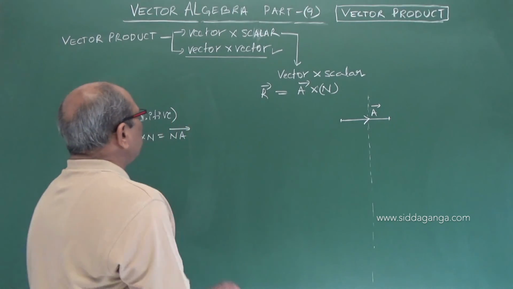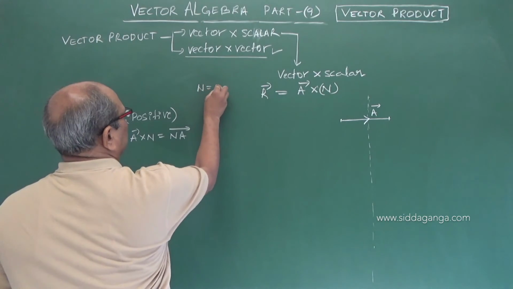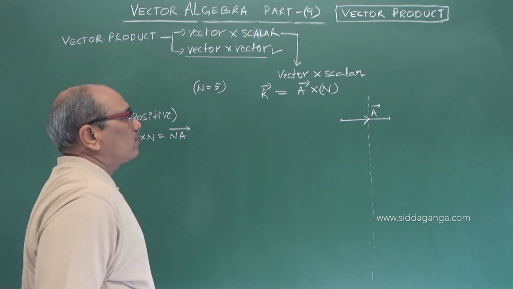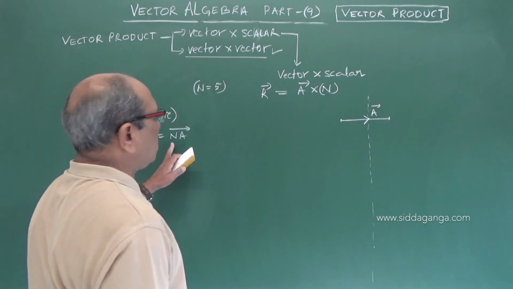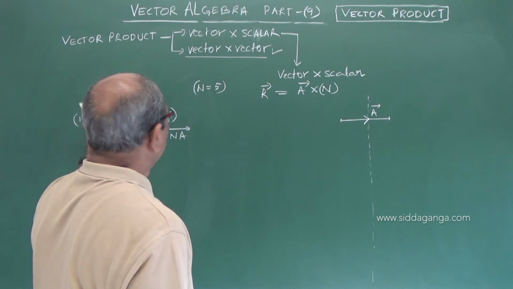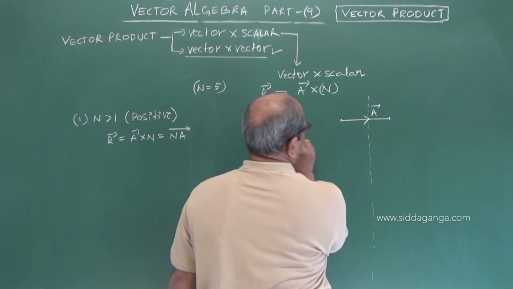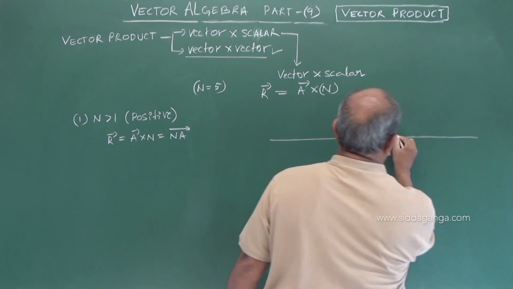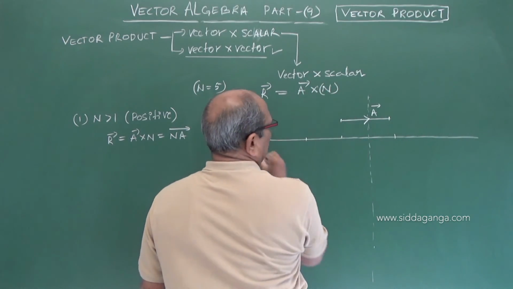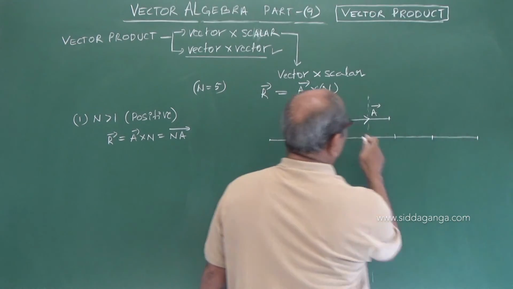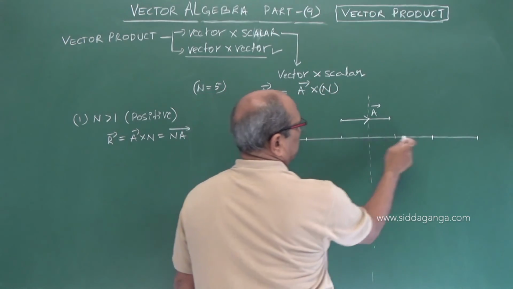So n is a number, for example, in this case I take 5. n is 5. I multiplied with a positive number greater than 1. So now you will get a vector having a magnitude 5 times this: 1, 2, 3, 4, 5 times.